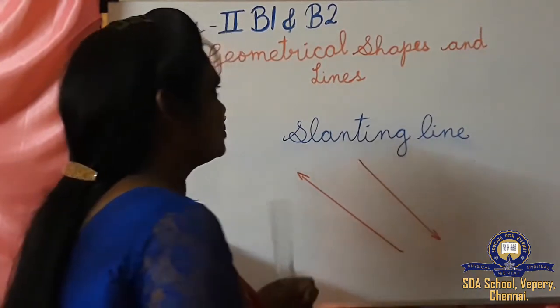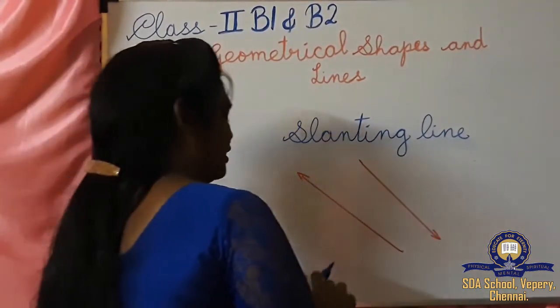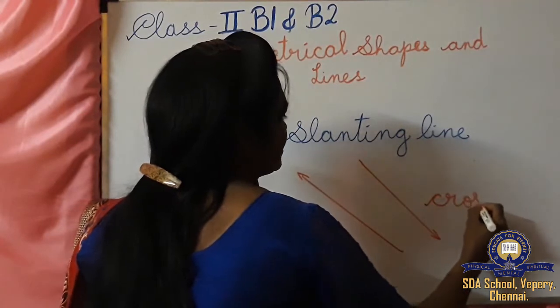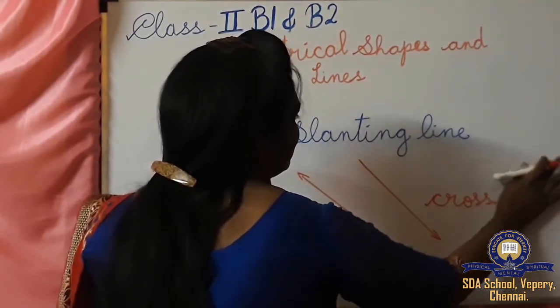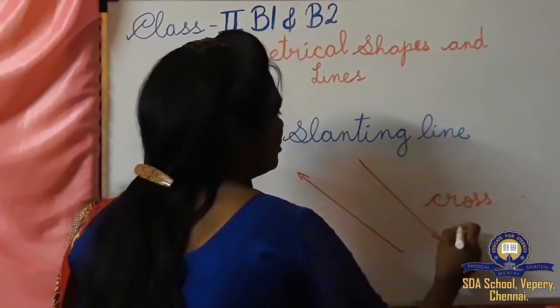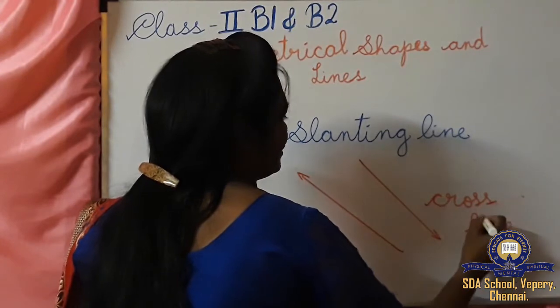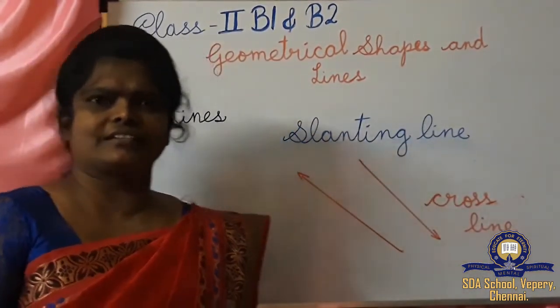We can say this one a slanting line or a cross line. C-R-O-S-S, cross line, L-I-N-E, line. Where will we use these lines?